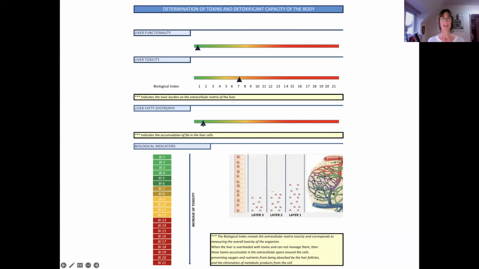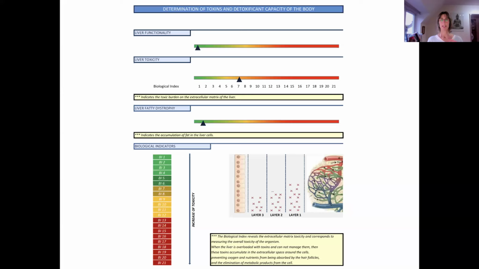And then we look at the accumulation of fat in the liver. So again, depending on someone's diet and lifestyle, this may be higher. This is quite a good reading here. So we get a bit of an idea about the state of the liver and how it's working and how it's dealing with its toxins.